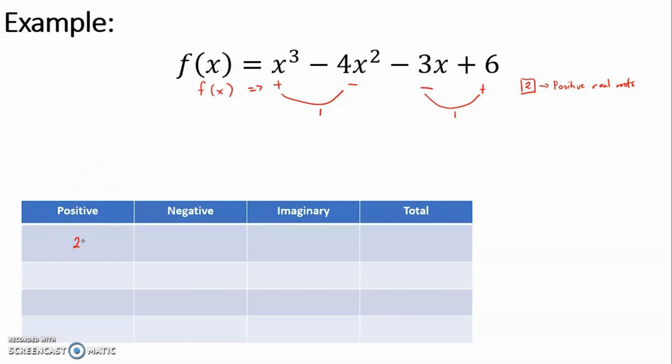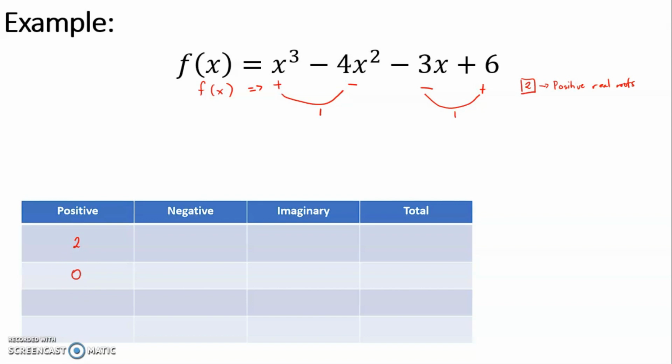Now, how will I get the other possible number of positive real roots? I can subtract this number by an even number, as long as it will not be equal to a negative number. So, I can subtract 2 from it. Since 2 is an even number, 2 minus 2 is 0. So, I can also have no positive real roots at all.